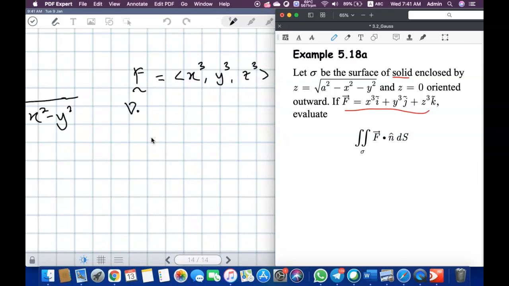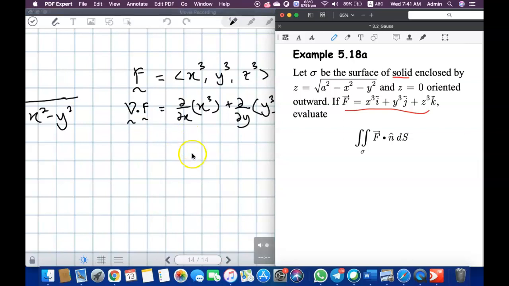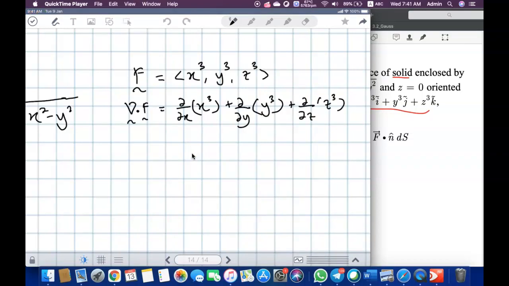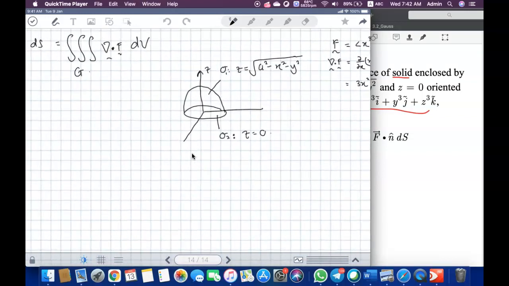This gives a scalar function: del x of x cubed, del y of y cubed, del z of z cubed, which gives 3x squared plus 3y squared plus 3z squared. Then we plug into the formula here.